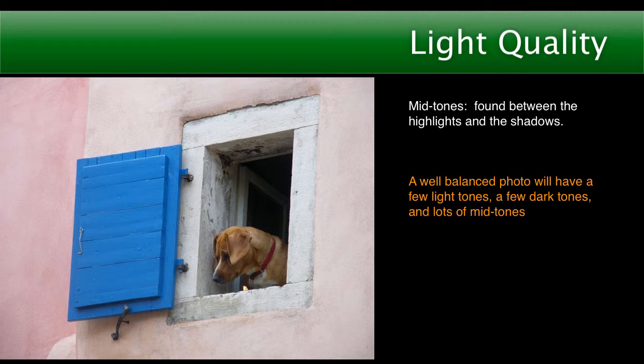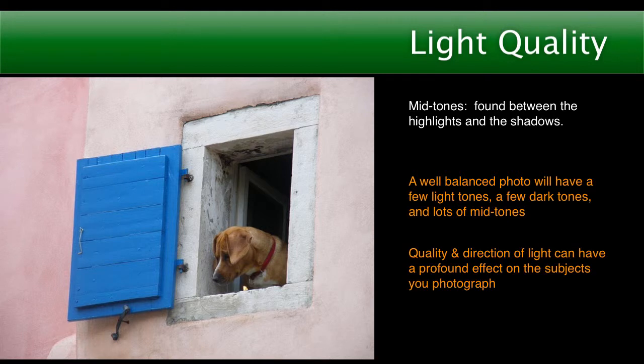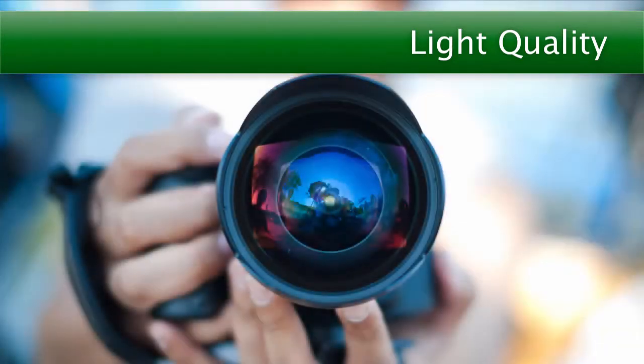As you become more adept at seeing light, you'll start to see how much light can influence your images. Both the quality and the direction of the light can have a profound effect on the subjects that you photograph. Take some time to study the light around you. Observe the way that light affects different objects and different surfaces.